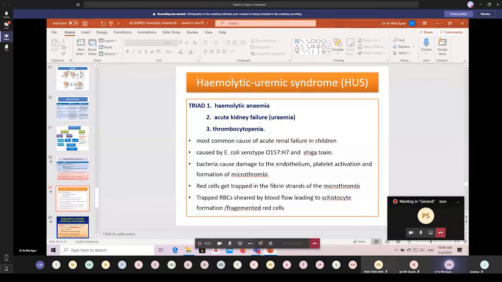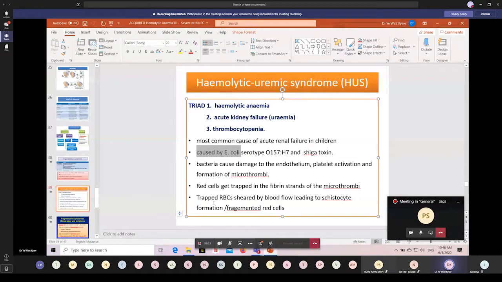This is HUS, hemolytic uremic syndrome. The triad is hemolytic anemia followed by acute kidney injury and thrombocytopenia. This is caused by Escherichia coli, Shiga toxin.